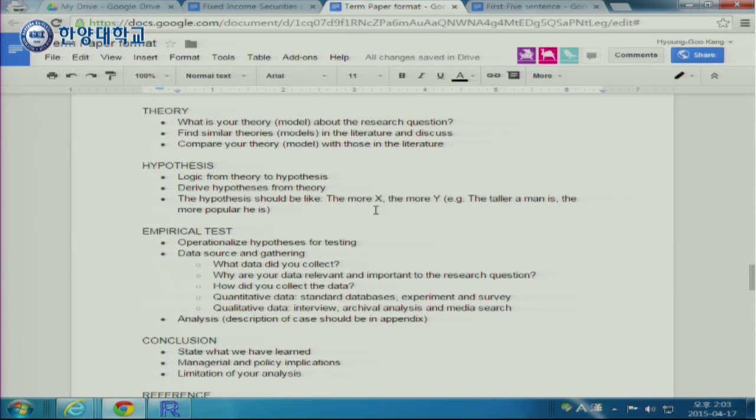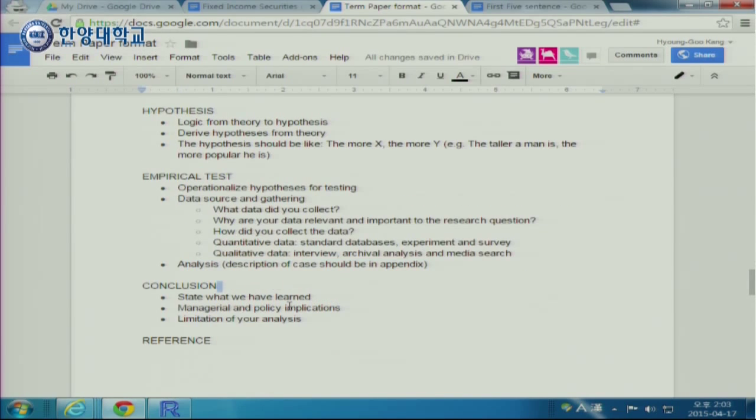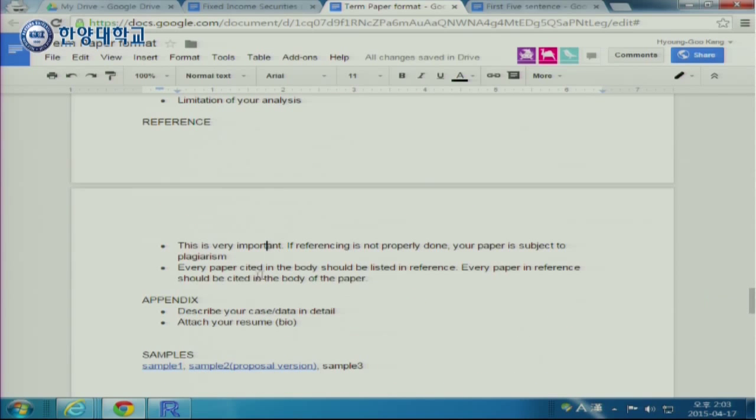You analyze variation in X and variation in Y, and then compare and derive how variation in X causes variation in Y. So this is the analysis. So the basic analysis is similar, whether it is inductive or deductive. The conclusion is the same. State what we have learned. Takeaway, implication, limitation. Reference, same. Appendix, describe your case.